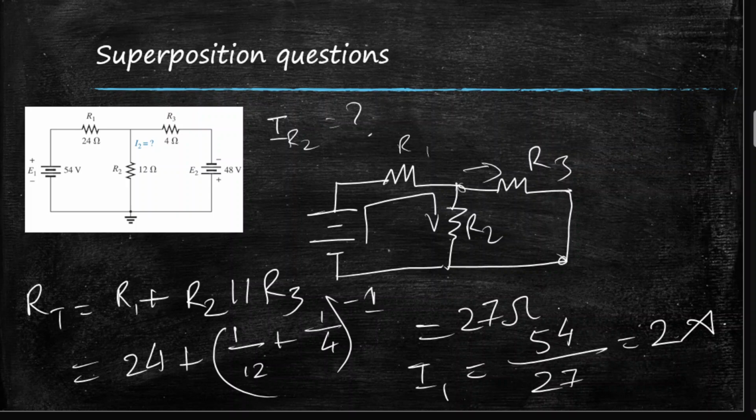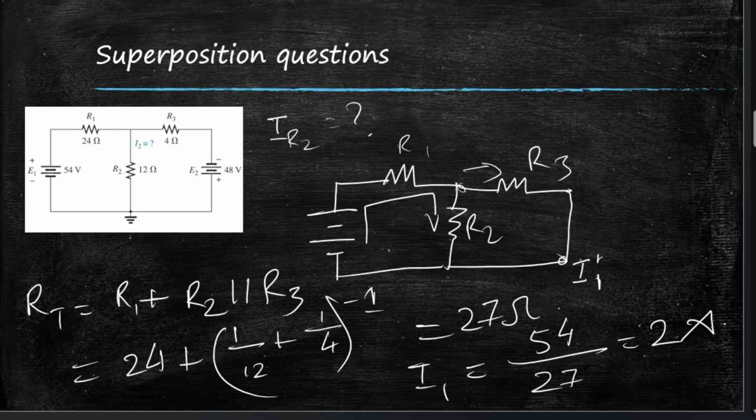Now, since this was a parallel circuit, this entire 2 ampere is not flowing through R2. We have to now employ the current divider rule again to find the current flowing through R2. Now again we can use the shortcut of the current divider rule. So let's say it will be I1 prime.